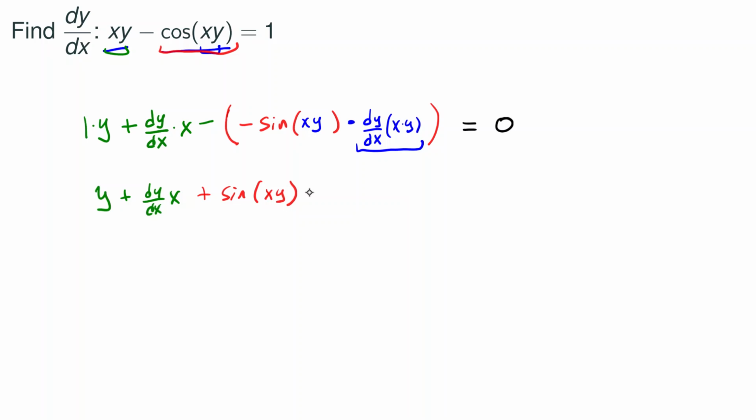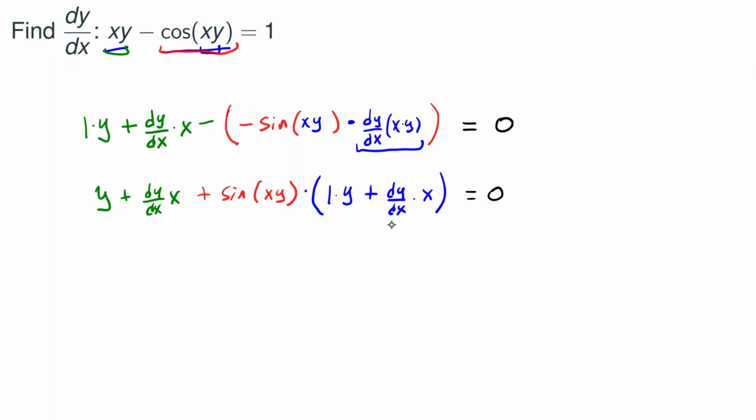So when we keep open the parenthesis, derivative of x is 1 times y, plus derivative of y is dy dx times x. Entire thing equals 0.